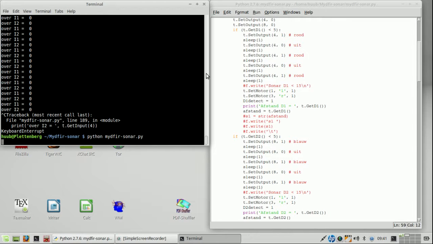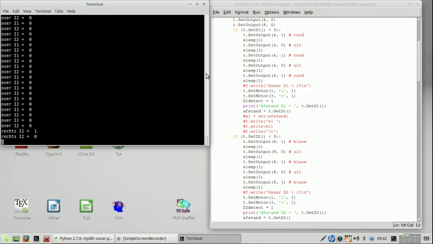And that was the left side. So let's see what happens now. Maybe some corrosion. Who knows? Yes, D2 is working. Oh, brilliant.